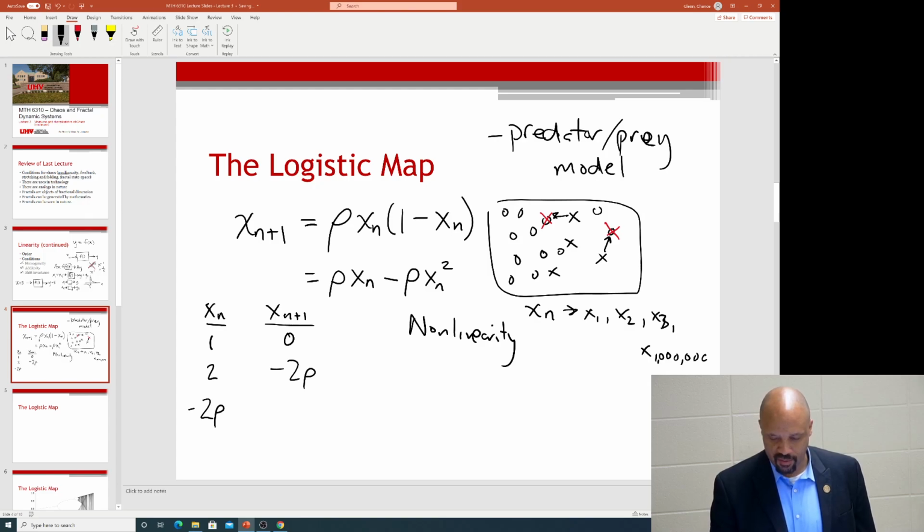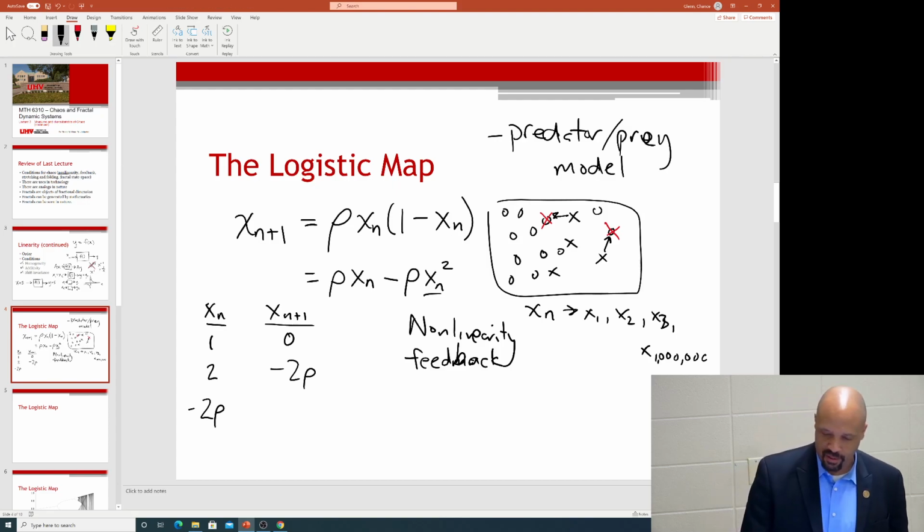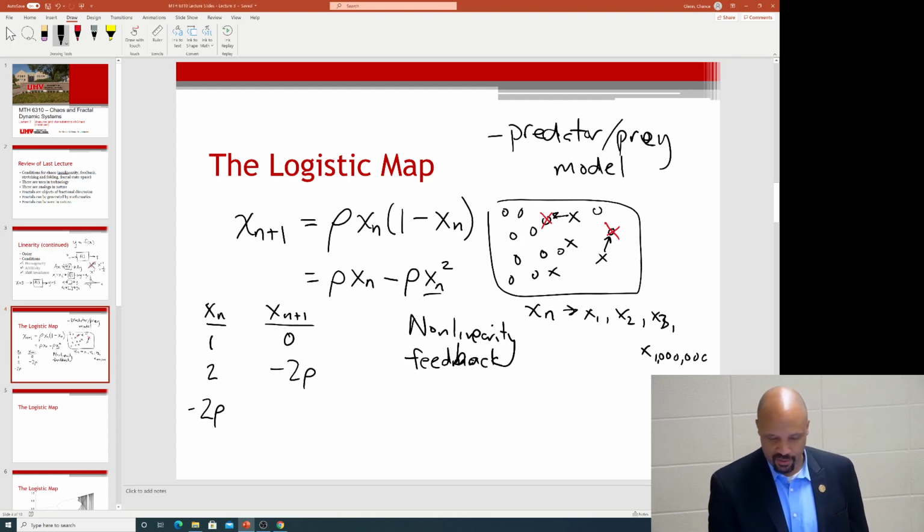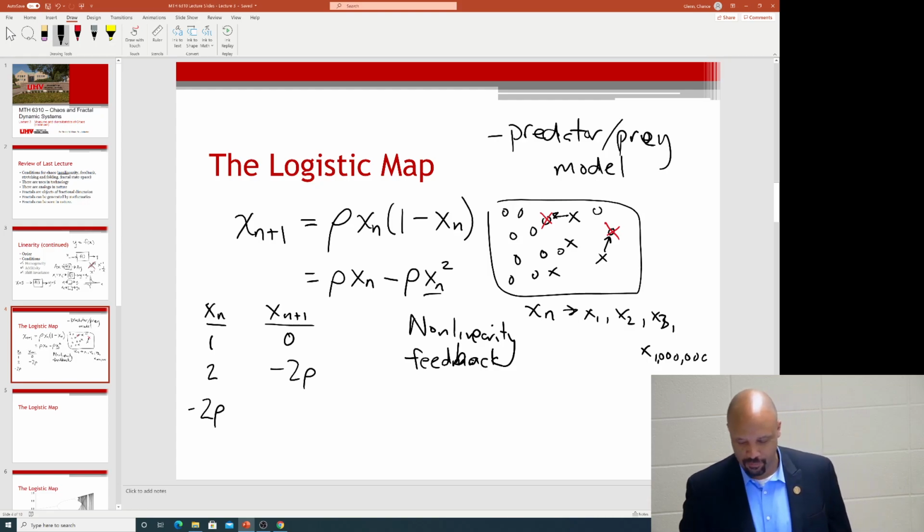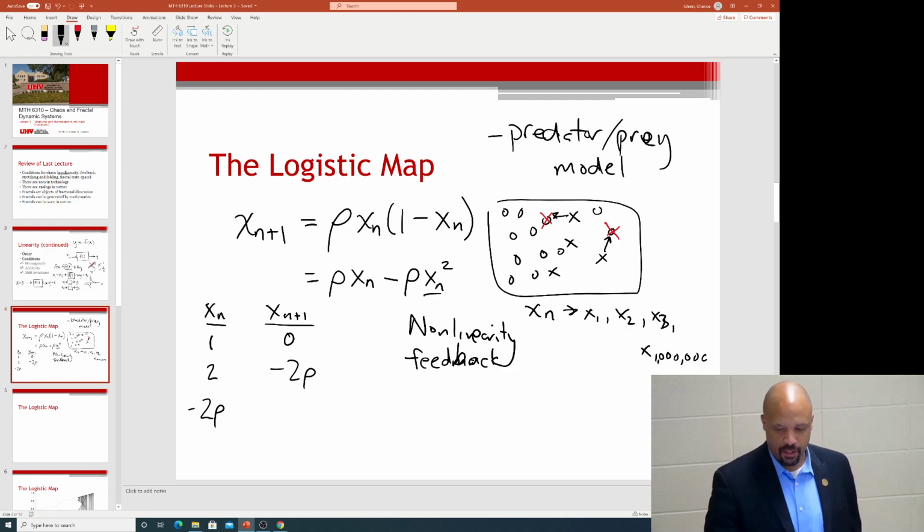And that's here. Then you have the feedback, which basically says that the next value gets the previous value. So there's your feedback.